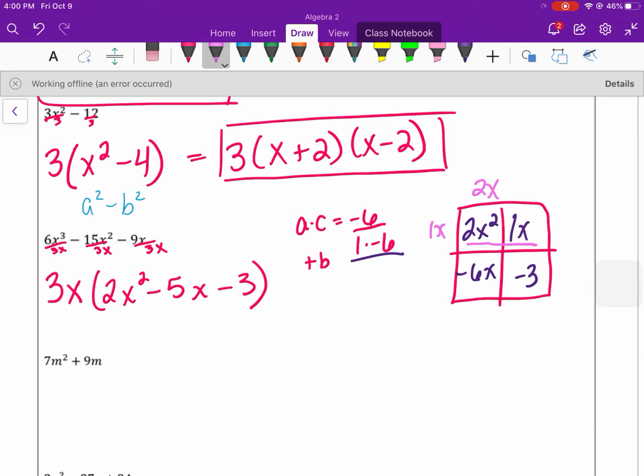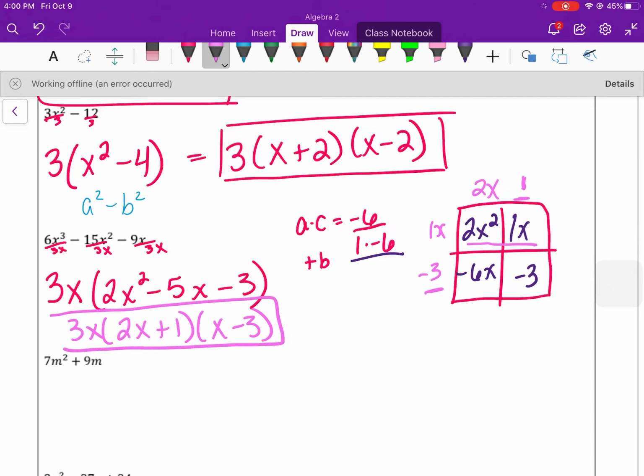Just a 1x, which means my 2x has to go up here. So 2x times 1x is 2x squared. Then 1x times 1 is 1x, and 2x times negative 3 is negative 6x, which means that this one factors to 2x plus 1 and x minus 3, and then a 3x out front.